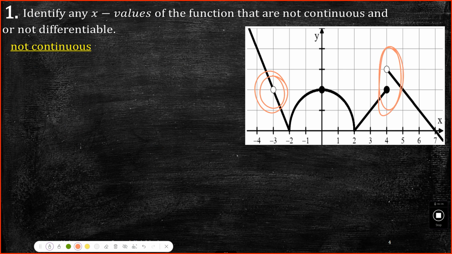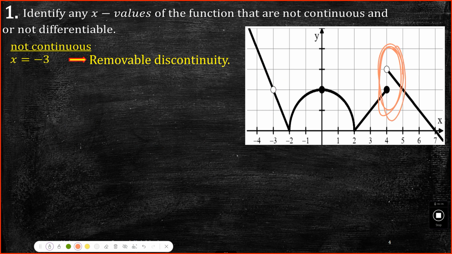So at x equals -3 and at x equals 4, it is not continuous. X equals -3 is a removable discontinuity. We can fix it by defining it. So it's fixable. But this jump discontinuity is not fixable. So x equals 4 is a non-removable discontinuity. It's a jump discontinuity.